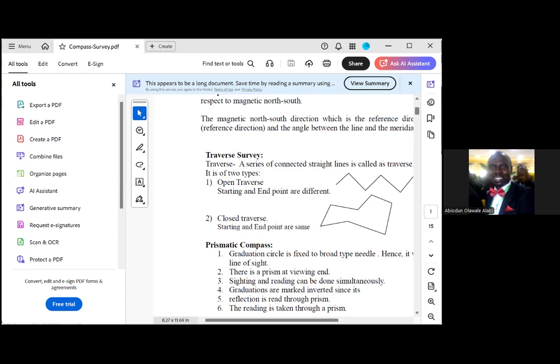So we have V equals 2D over T. So to compute your distance, your distance will be the velocity multiplied by the time, then divided by 2. That will give you your distance.